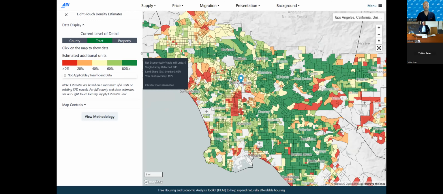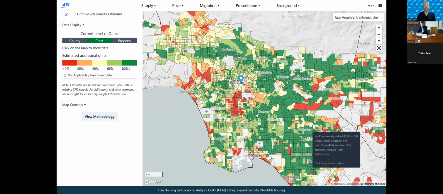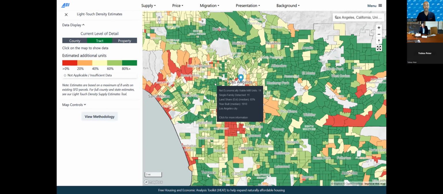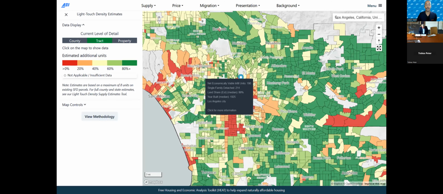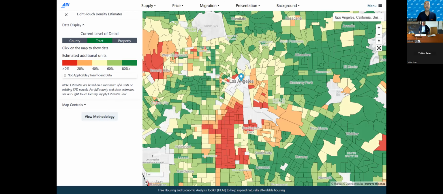In contrast, what we're showing here is the opportunity for light touch density that the Los Angeles Metro broadly and the city in particular could take advantage of given its conditions. The color code here is by the percentage of Los Angeles's single-family detached stock that could be added over the next 50 years if they were to allow light touch density to take place within their borders.